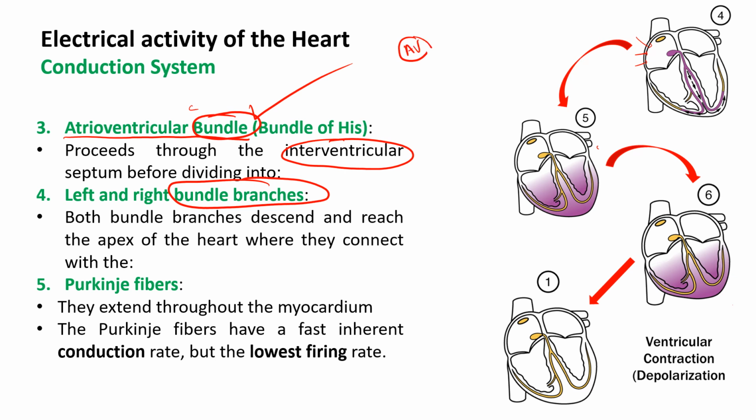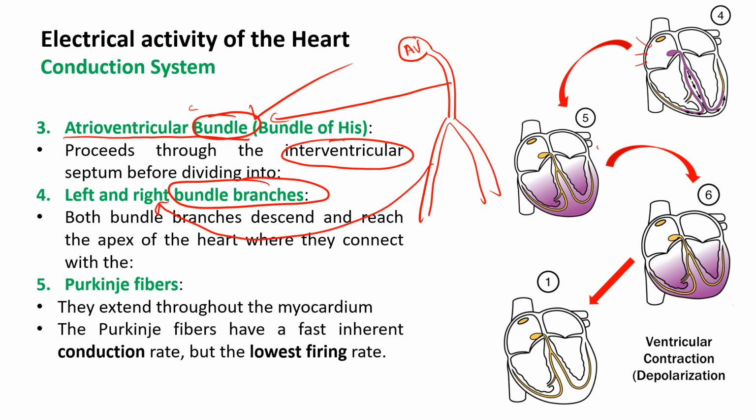AV node, and you have a single one. This is what we call the bundle. And then when the bundle splits, that is going to be the right bundle branch, and this one's going to be the left bundle branch. And they're going to be called bundle branches until they reach the apex of the heart.